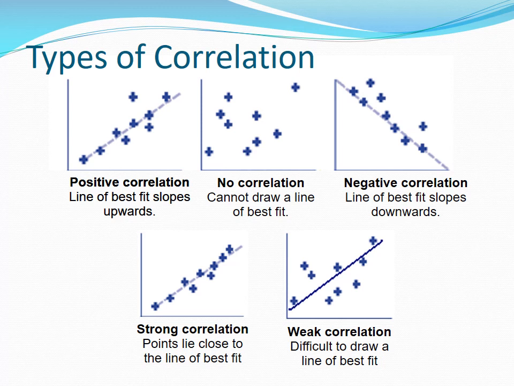Positive correlation if the line is going from left to right up. Negative correlation if the line is getting down. Strong correlation if the points are very close to the line. Weak correlation if the points are a little bit far away from the line and it will be difficult for you to draw the line of best fit.